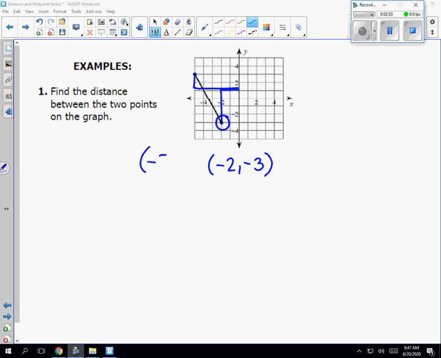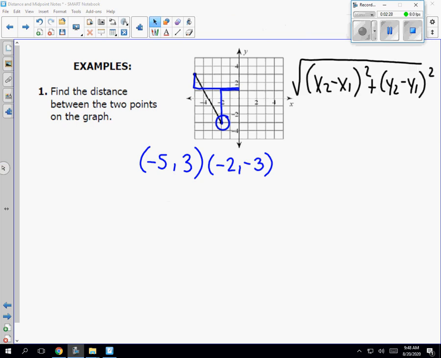So we have -5, 3. Okay? It doesn't matter the actual order, because even if you have negatives or positives, they'll always end up in the square root to be the same. So it doesn't matter if you have it this way or that way. But make sure you're labeling.